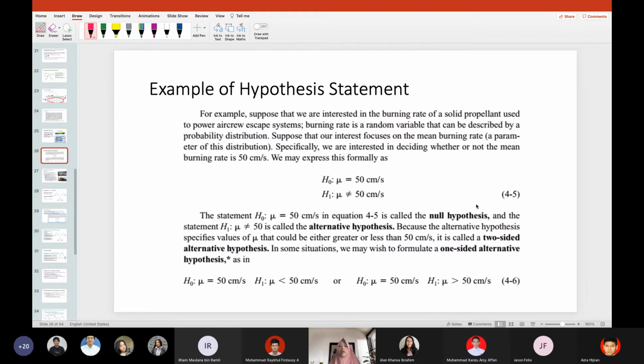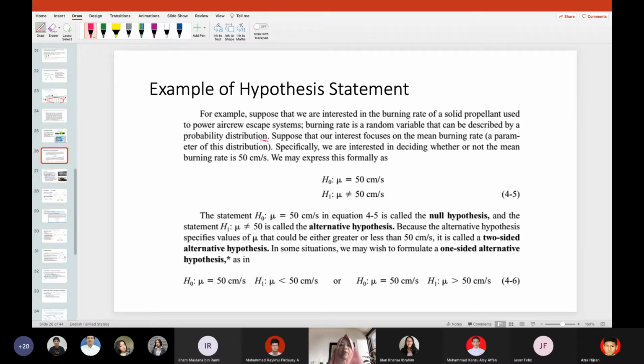Right, so this is a hypothesis statement. For example, suppose we're interested in the burning rate of a solid propellant. The solid propellant is used to power an aircraft escape system. The burning rate is a random variable, and it can be described by a probability distribution.